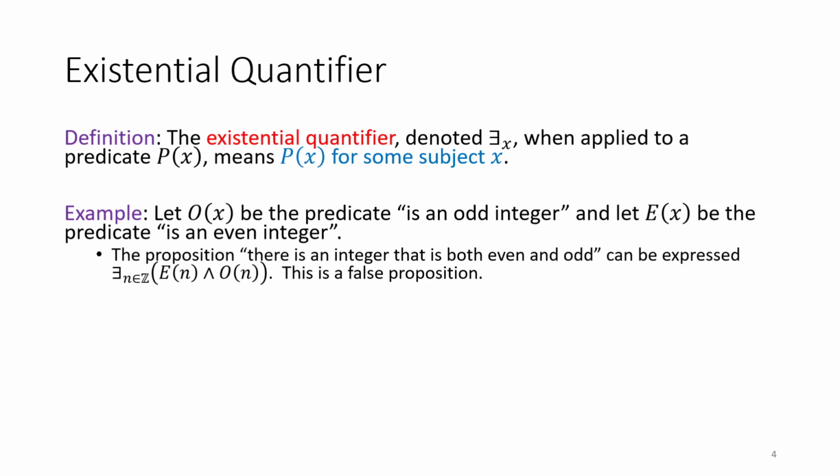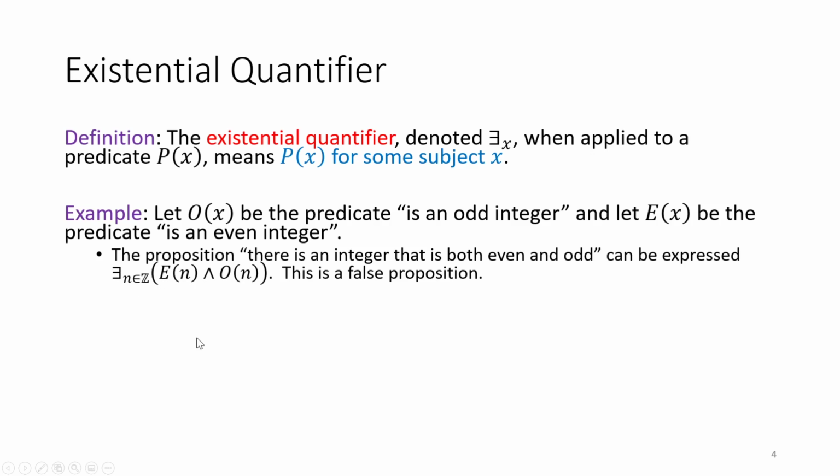So here I've got a proposition. Well, maybe instead of reading the English version first, let's take a look at the codified version and see if we can understand what it means. So again, this bit here says there exists. There exists what? An integer n. So again, hopefully we're getting comfortable reading that notation. That means n is an element of the integers. So there exists some integer. Okay, there's some integer such that what?